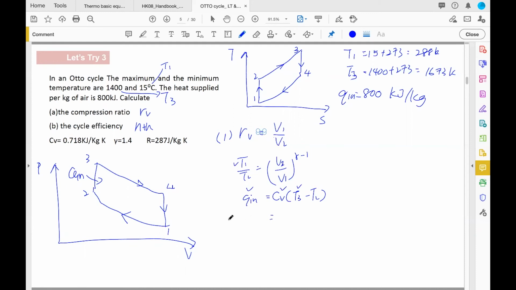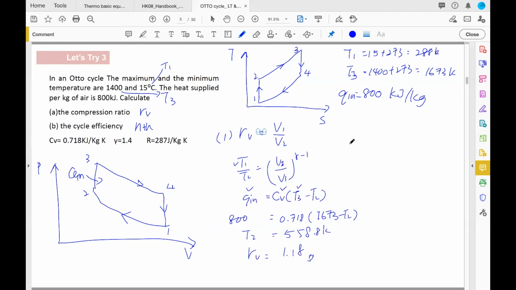So we have 800 equals 0.718 times 1673 minus T2. So you get T2 is 558.8 Kelvin. And by plugging T2 in, you can very easily get your RV equals roughly 1.18.